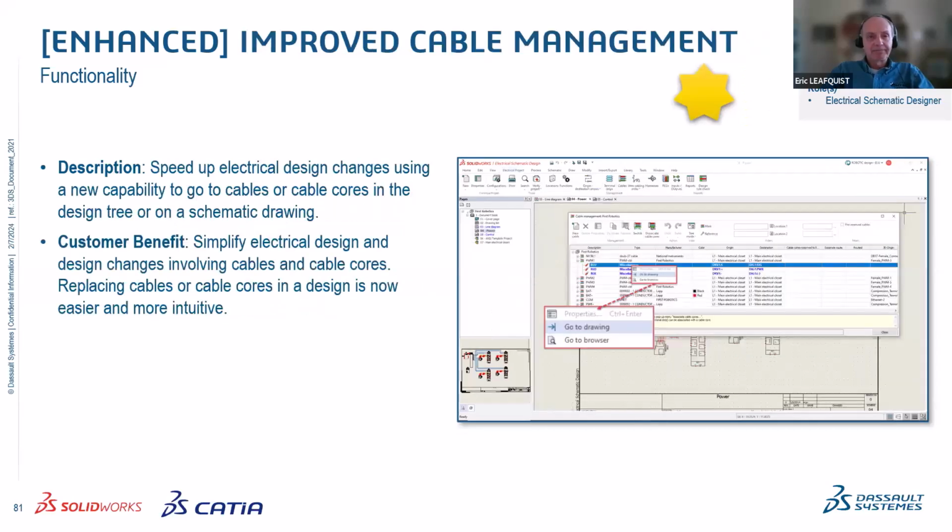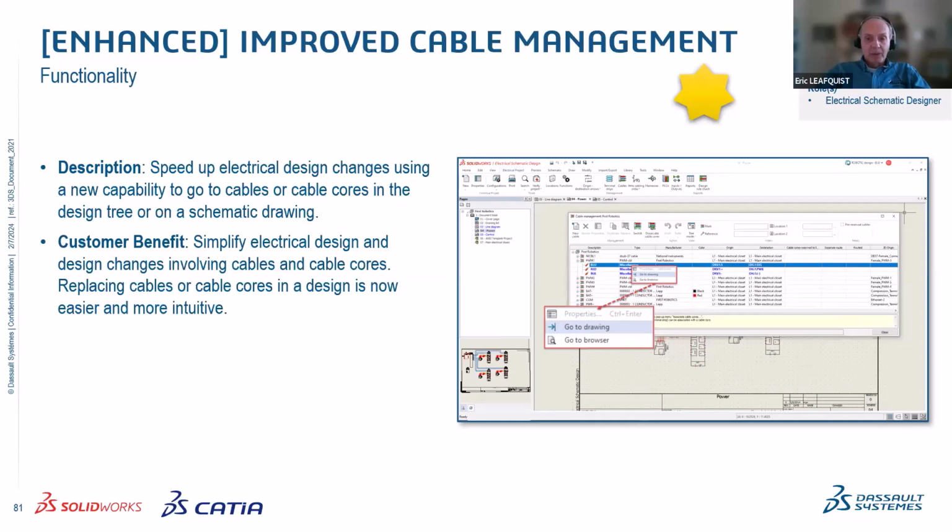Next, please. And then lastly, today, we want to focus on the next enhancement as we progress through the typical design flow. This enhancement is the ability for the user to zoom to the particular area of interest related to cables and wires.